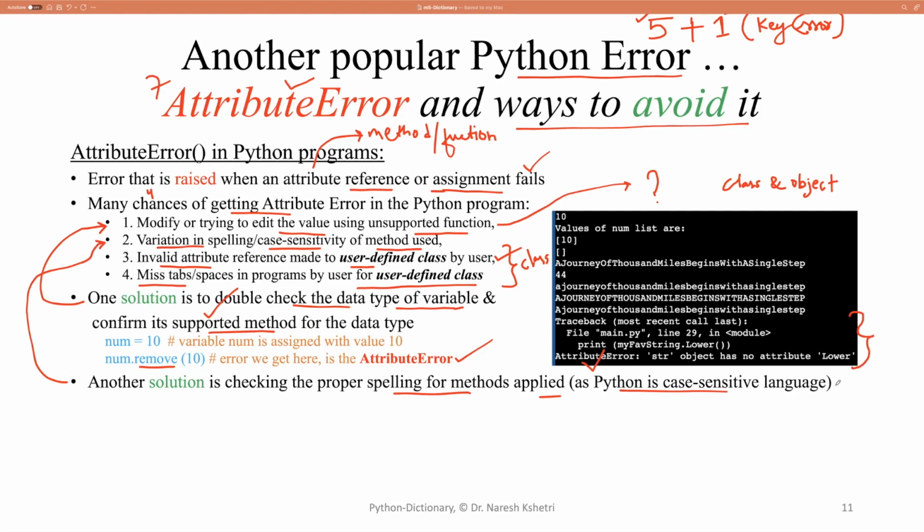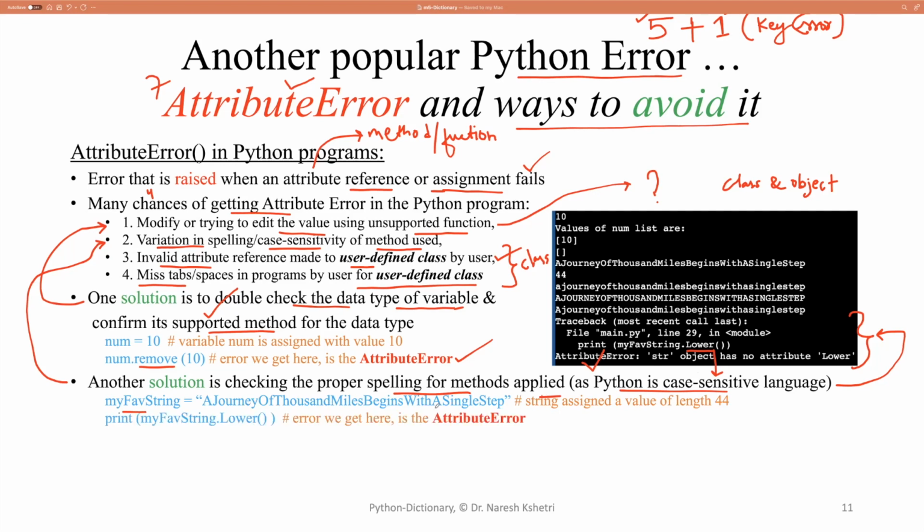For the second case we get an attribute error because we have used the lower method with the L as a capital, forgetting the case sensitivity. Something like this: we have a string assigned as my favorite string with a string value, and then we apply that lower method, and as I stated, we get the attribute error for that lower method.